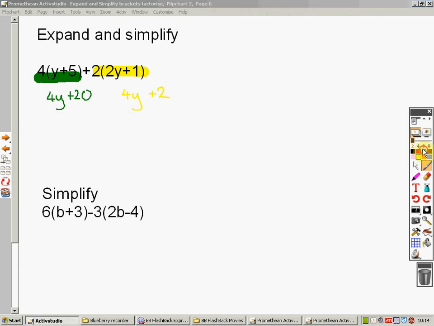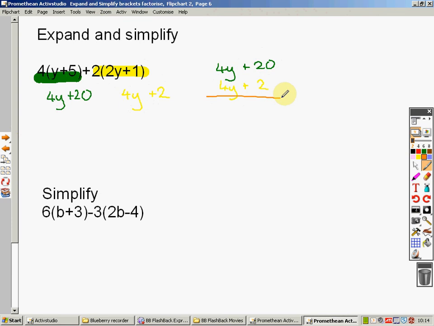Now I'm going to set it up as a column sum, column calculation, and the yellow one was 4y plus 2. And they were adding, so a nice big add sign.